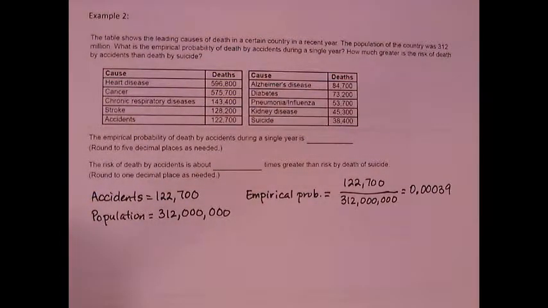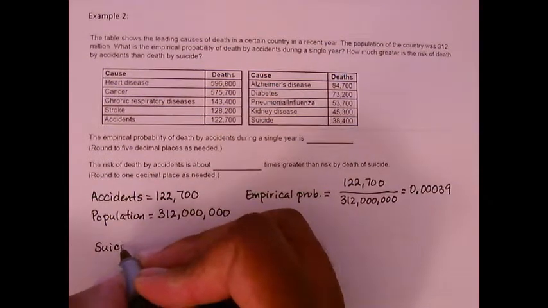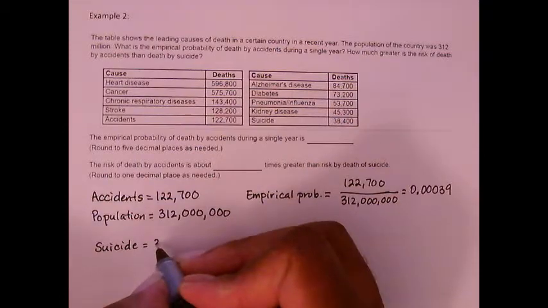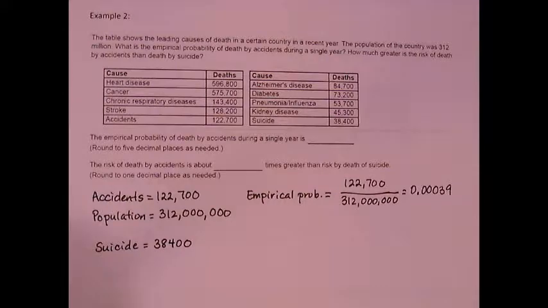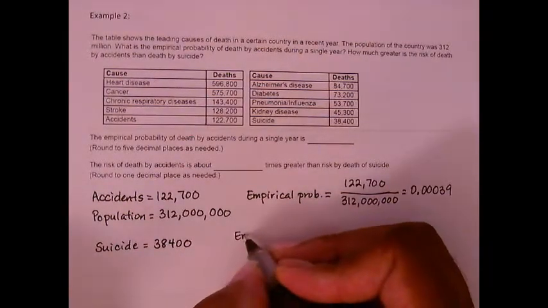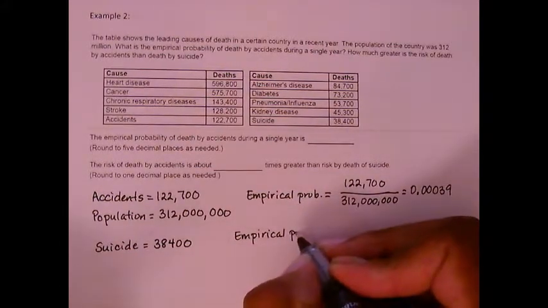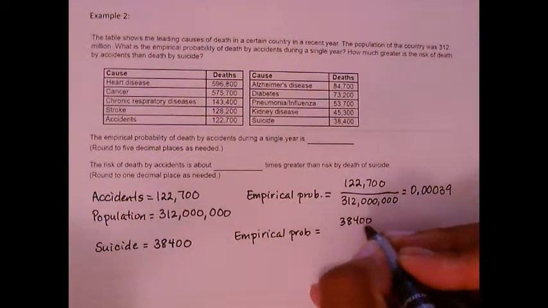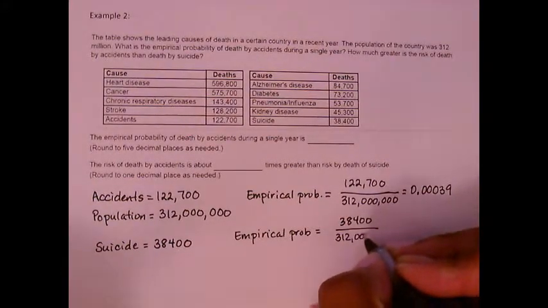Alright, next we'll look at suicide, which was, in this case, 38,400. And we already got the population of 312 million, so that means the empirical probability will be that 38,400 divided by 312 million.